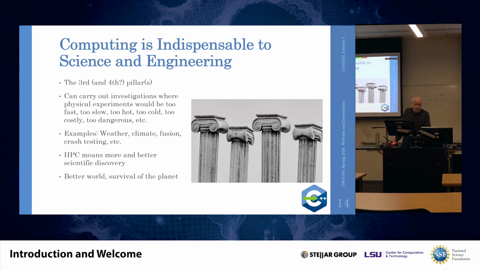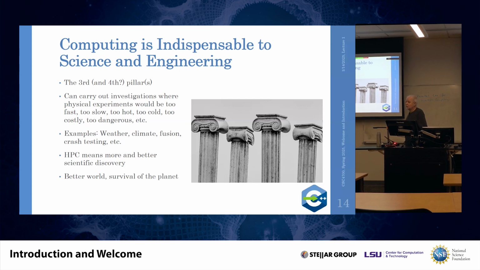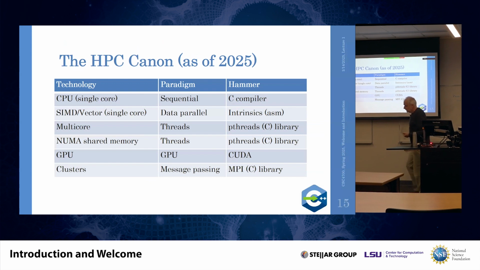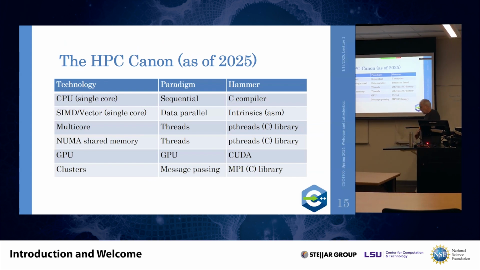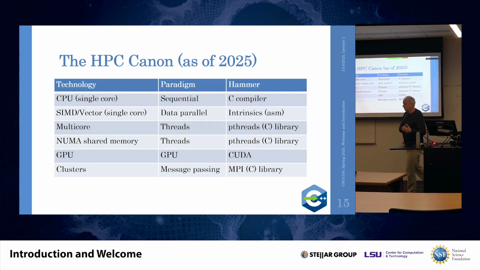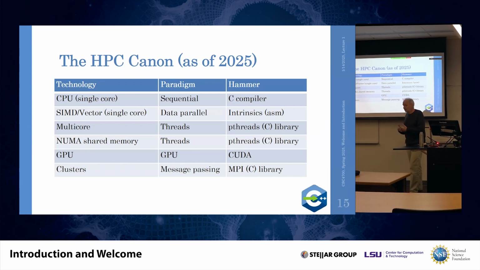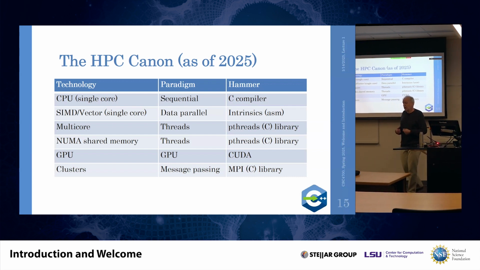So computing is generally a good thing. As I said here, it's good for the survival of the planet. If you look at the software landscape of high-performance computing, since high-performance computing has evolved over the last 50 years, essentially in lockstep with the hardware architecture, and high-performance computing was always one of the driving forces of hardware architecture evolution.